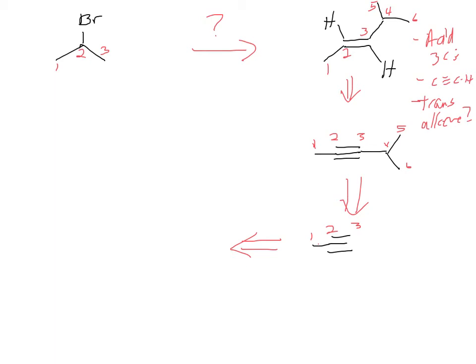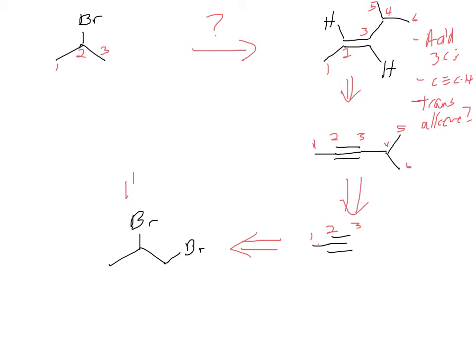Beta hydrogens and a good leaving group. And we're going to learn later on, it doesn't have to just be halogens. We're using halogens right now. So we need beta hydrogens, we need good leaving groups. But how many do we need here? 2. So where should we put the 2 leaving groups? On carbons 2 and 3. Actually, you could also put both of them on 2, but we won't do that this time.